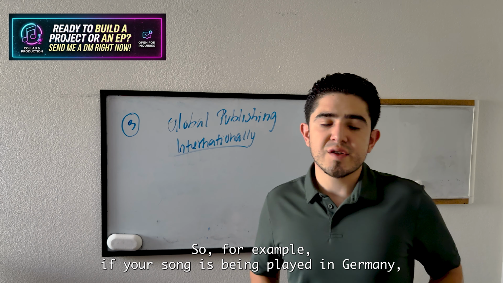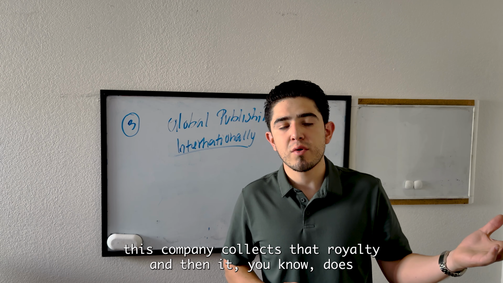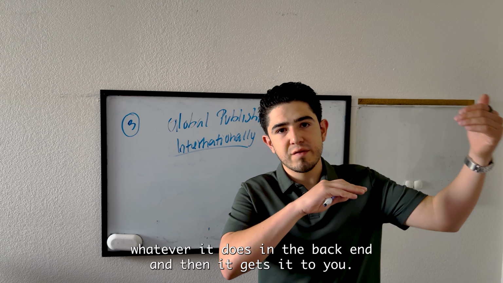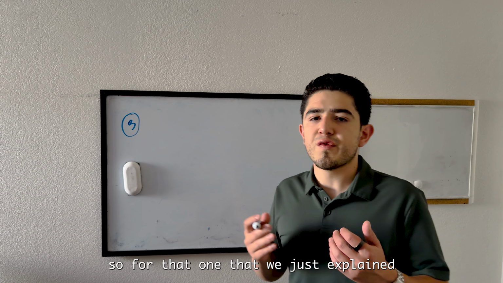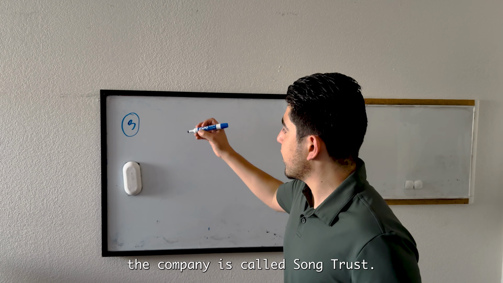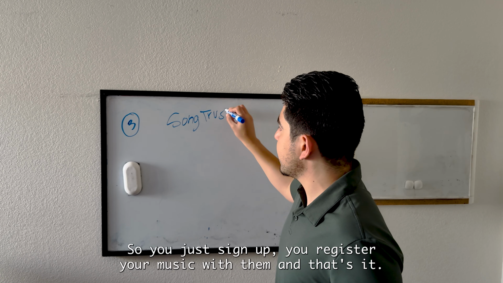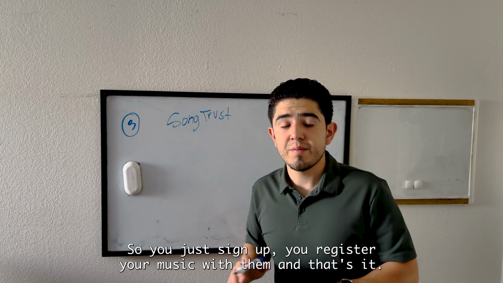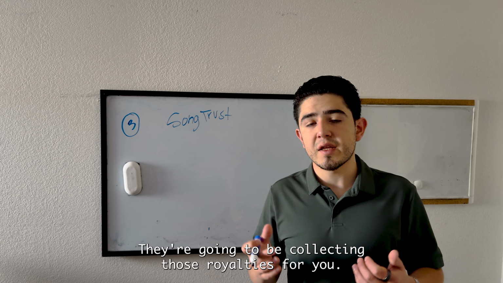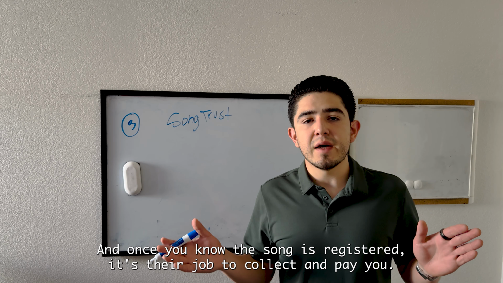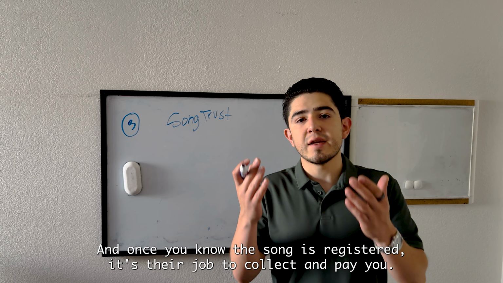So for example, if your song is being played in Germany, this company collects that royalty and then it does whatever it does in the back end, and then it gets it to you. So for that one that we just explained, the company is called Songtrust. So you just sign up, you register your music with them, and that's it. They're going to be doing the back end stuff. They're going to be collecting those royalties for you. And once the song is registered, it's their job to collect and pay you.